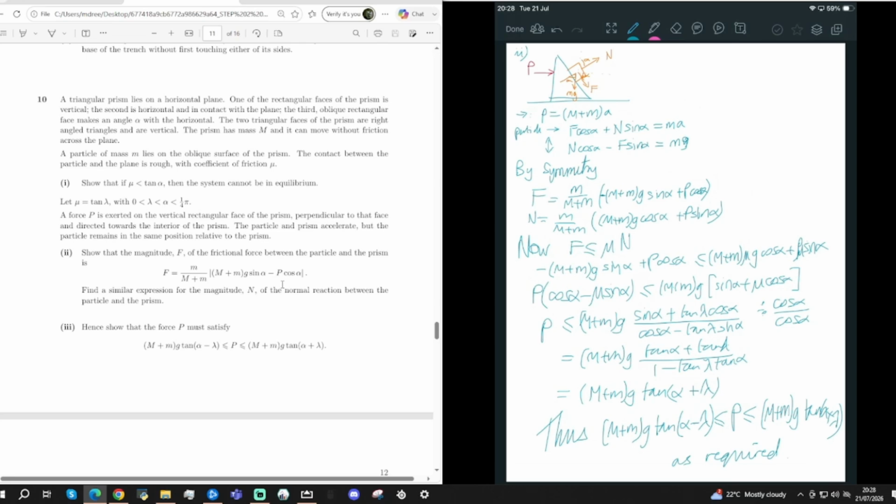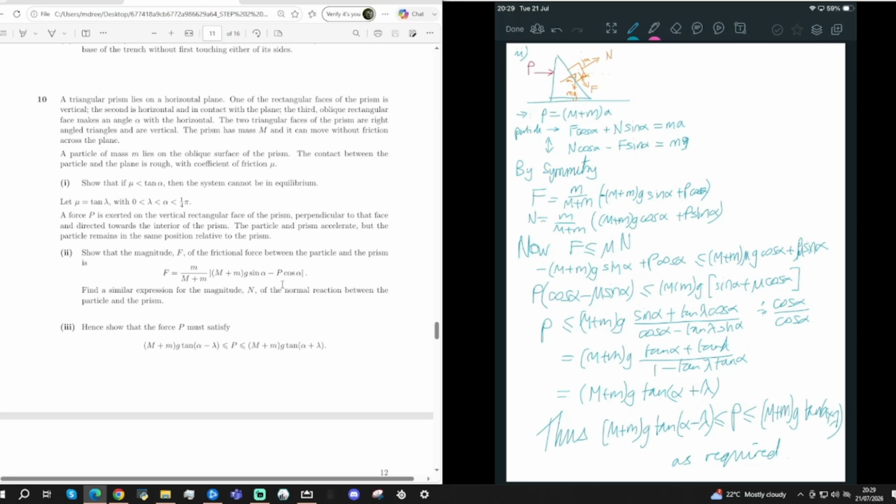Quite a nice little problem there in the end, certainly with having to spot that there was an alternative. Depending how big P is, it could either have the particle sliding down the slope or attempting to slide down the slope, or the particle attempting to slide up the slope if we were pushing hard enough.